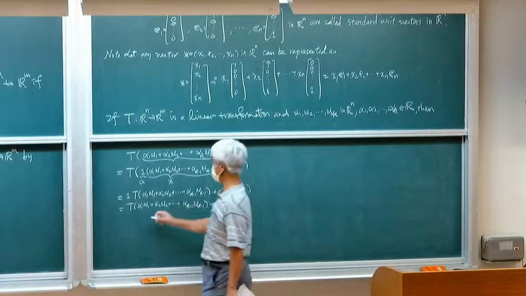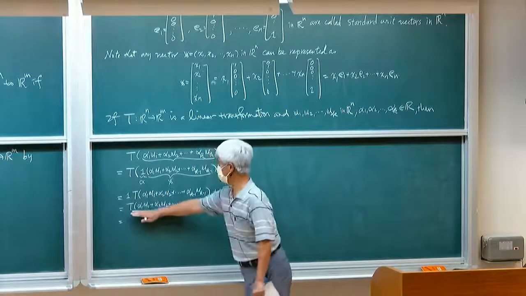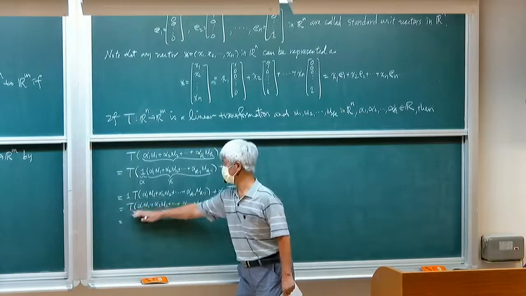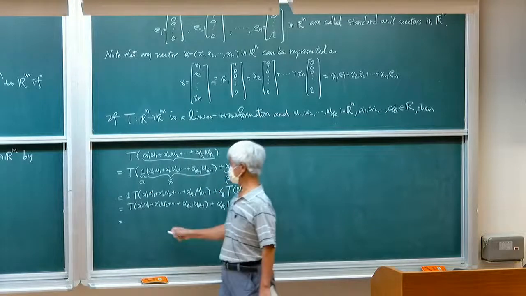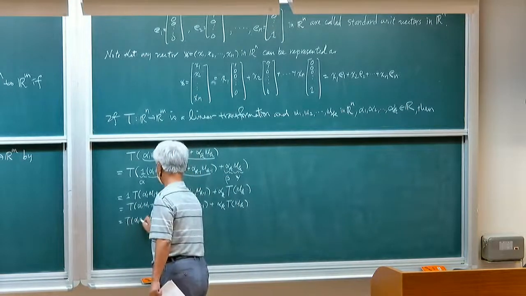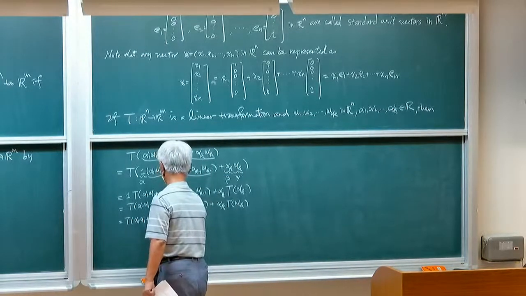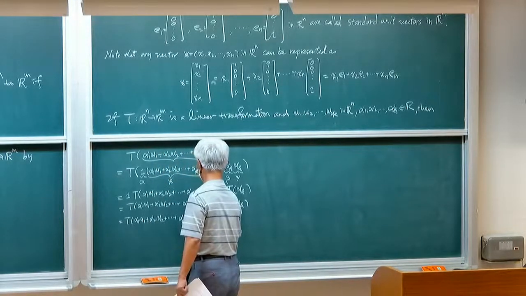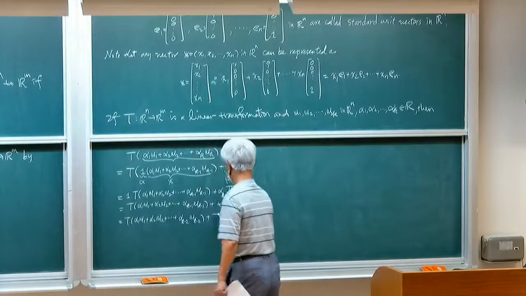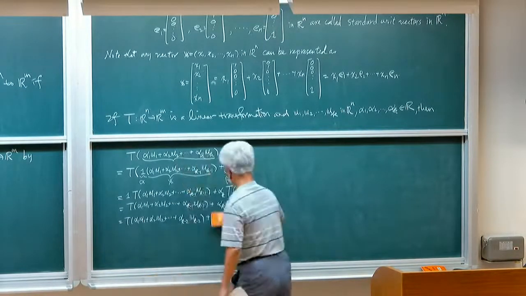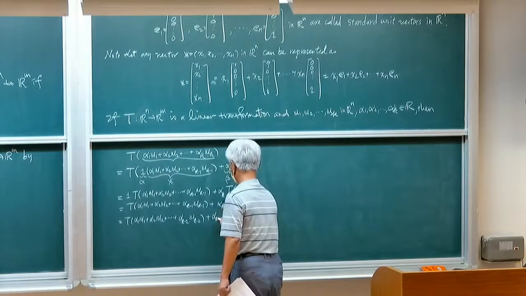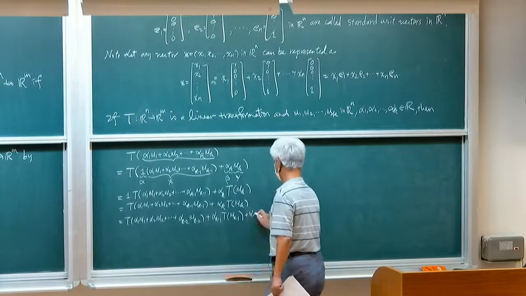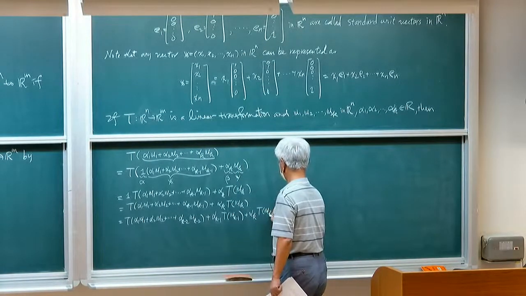And so we can do it recursively. Working out this linear transformation, doing the same thing, we will see that this is T of alpha 1 u1 plus alpha 2 u2 plus ... plus alpha k minus 2 u k minus 2, plus alpha k minus 1 T u k minus 1 plus alpha k T uk.